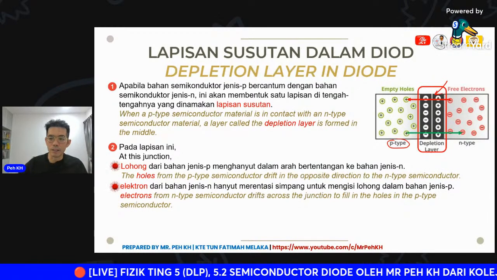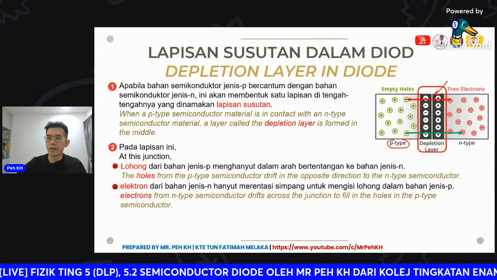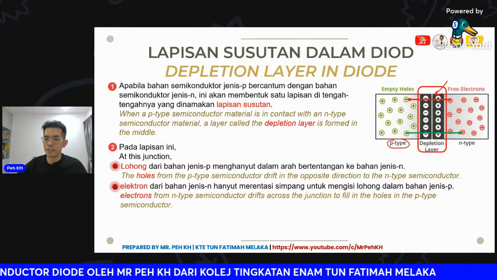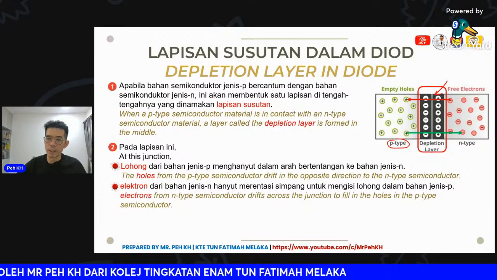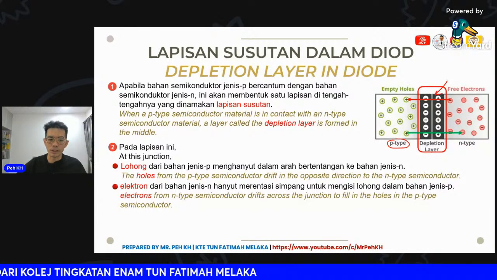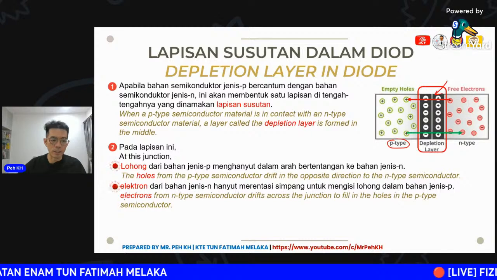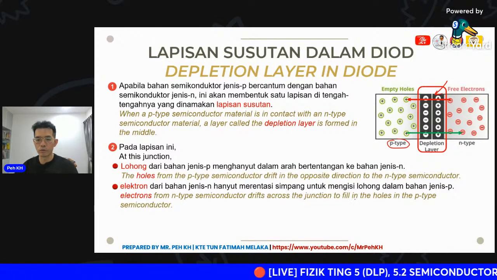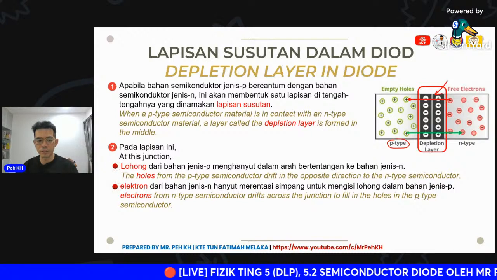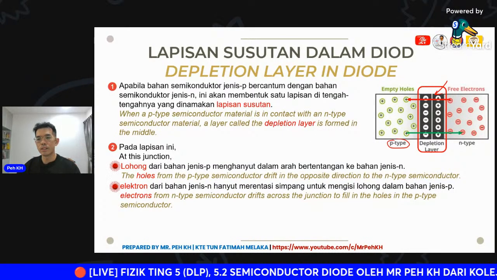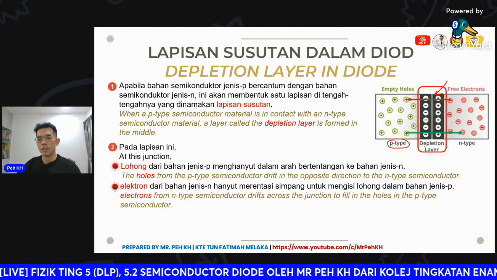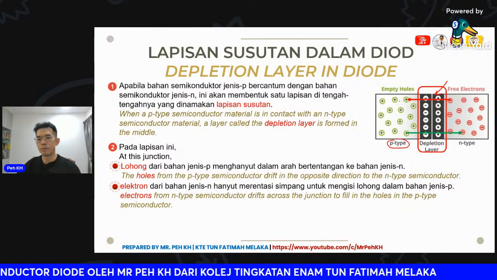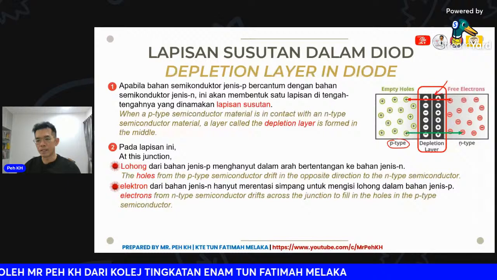Then for the electron, look at the red arrow, which is the movement of the free electron from the N-type semiconductor to the P-type semiconductor. So the sentence is: electrons from the N-type semiconductor drift across the junction to fill in the holes in the P-type semiconductor. So the junction is just like the middle layer between the P-type and N-type semiconductor.